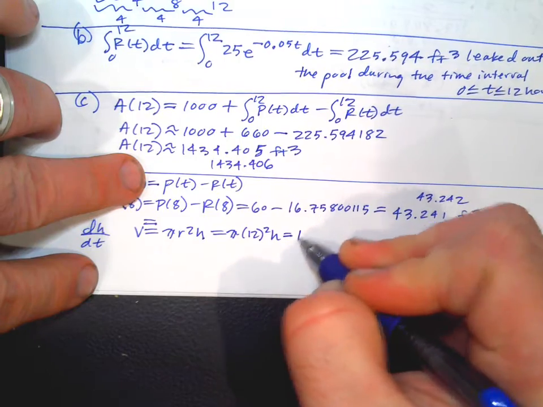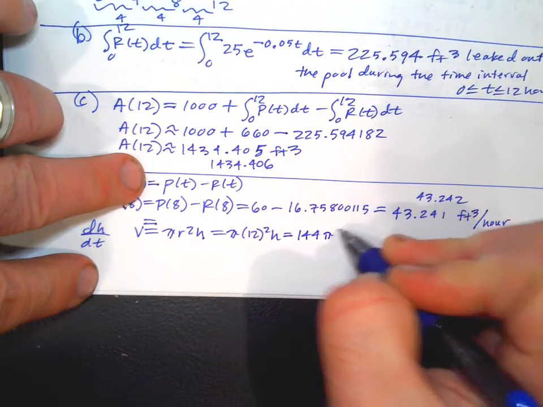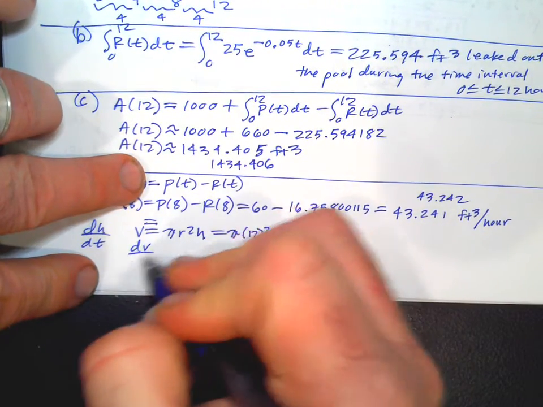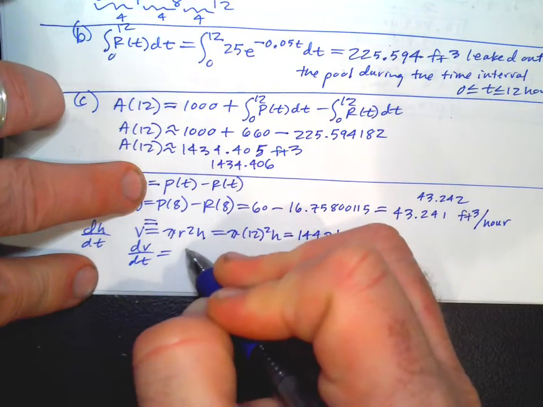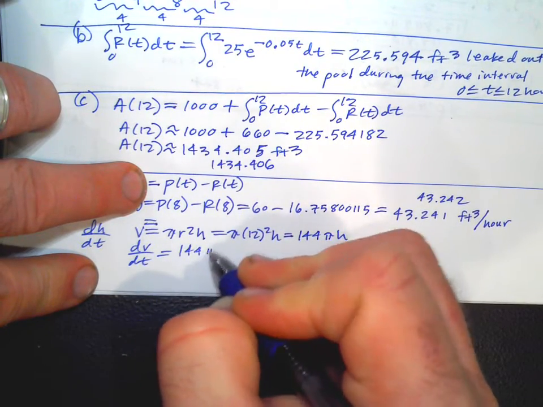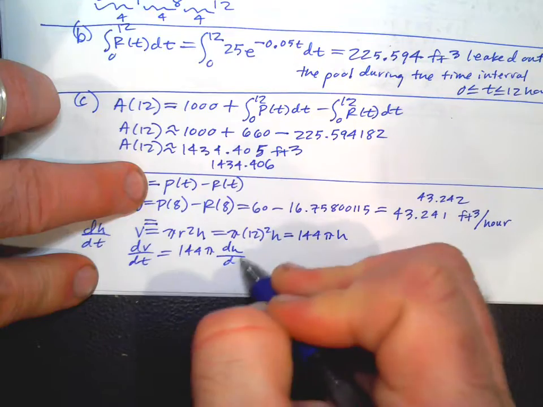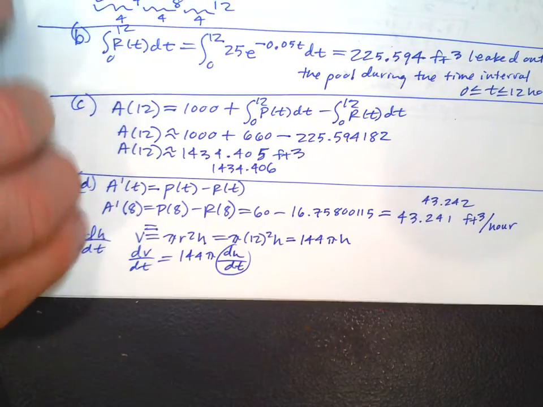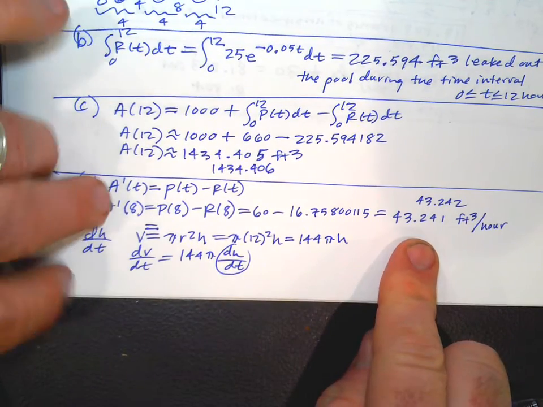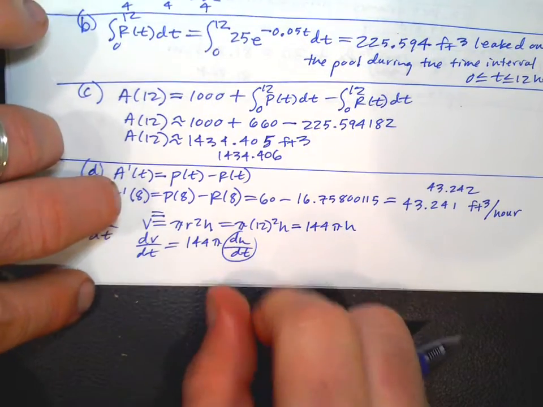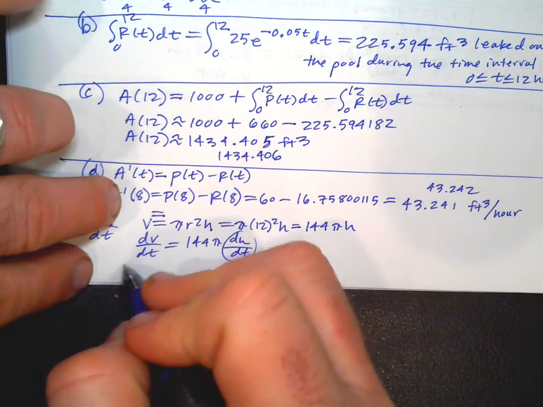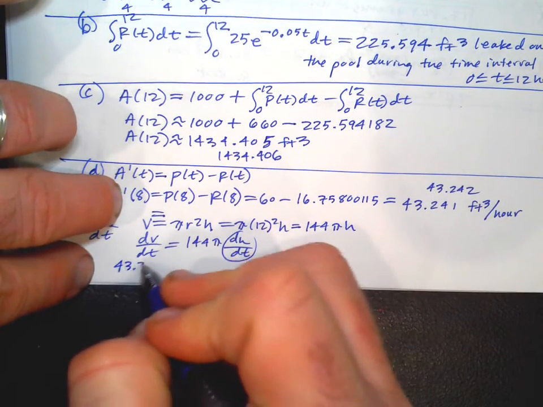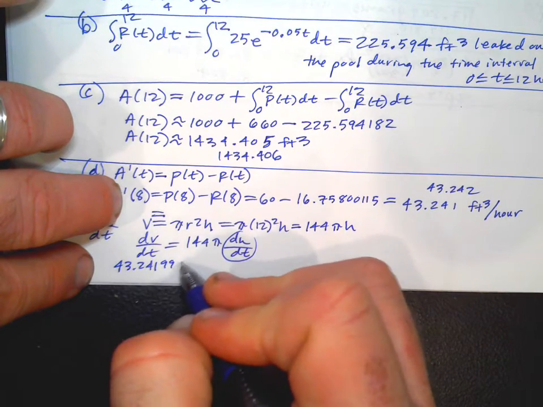So it's 144 pi h. dV/dt equals 144 pi dH/dt. We want dH/dt. We just found dV/dt, right? We just found that. So that's 43.241998885.